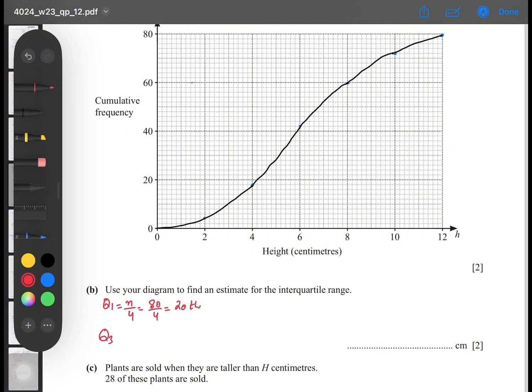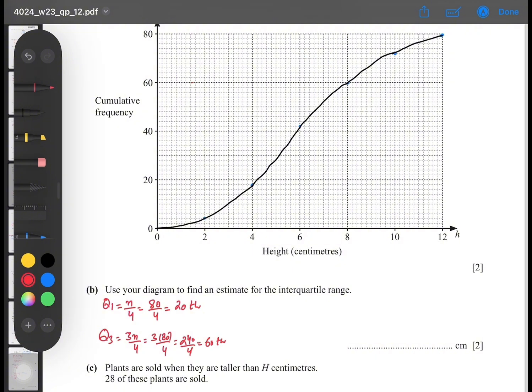For Q3, this is 3 times n over 4, that is 3 times 80 over 4, which is 240 over 4. So it will be the 60th term on cumulative frequency.